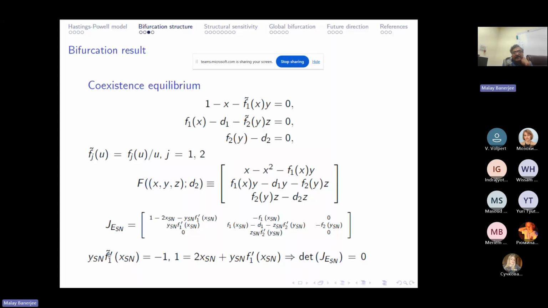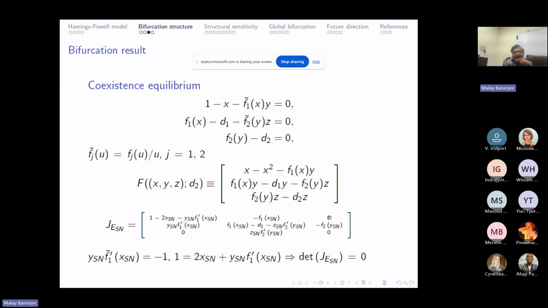That means f1 dot tilde x SN equals -1, and this expression actually implies the determinant of this Jacobian matrix is equal to 0. Because if we expand the determinant along this last row, only one non-zero element is this one, and then the determinant will be this quantity multiplied by these two minus multiplied by these two.